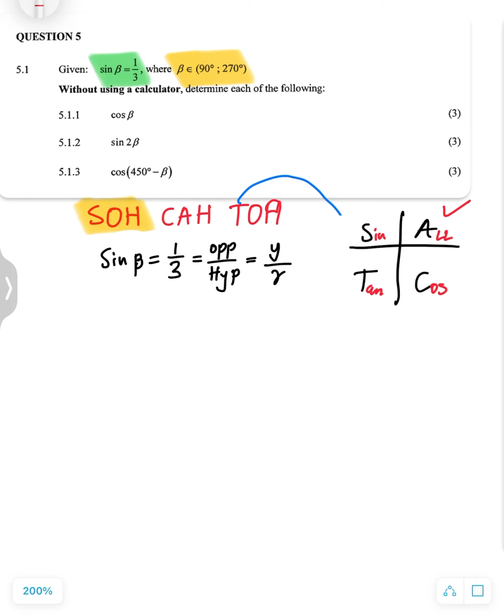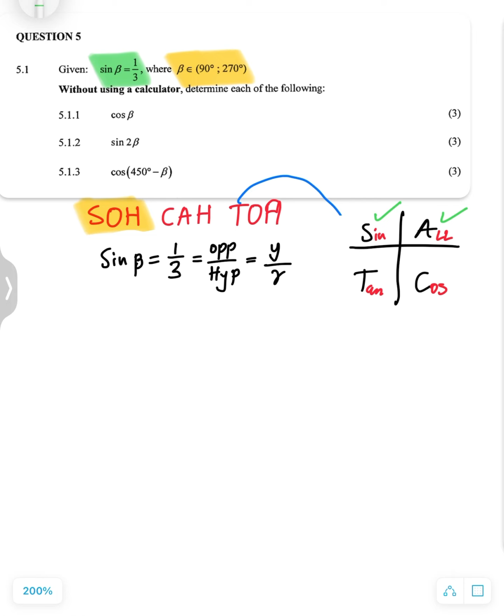So according to the information given in 5.1, sine is positive, meaning that the first and second quadrants qualify. But which one do we need to consider? According to the second statement, beta must be between 90 and 270.